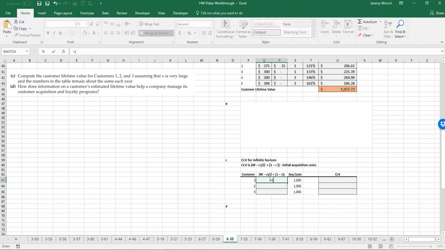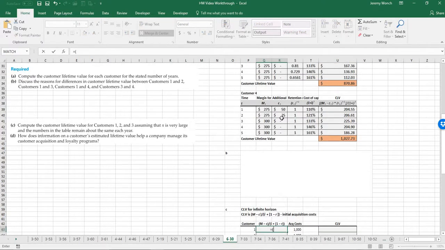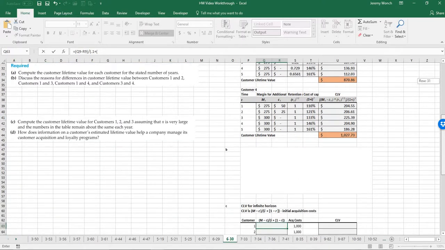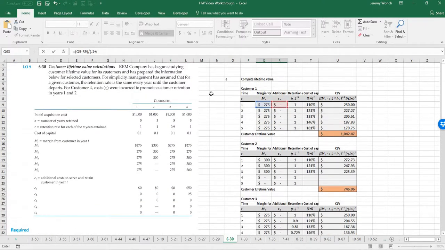The formula for this is we want to take our marginal cost minus the additional cost to serve, and divide that by our cost of capital plus 1 minus our retention rate. Okay.